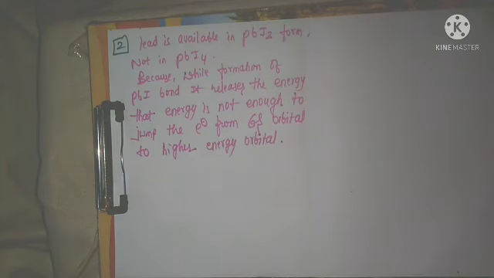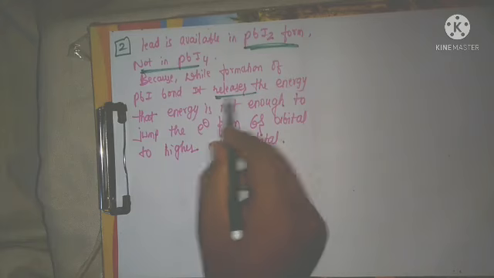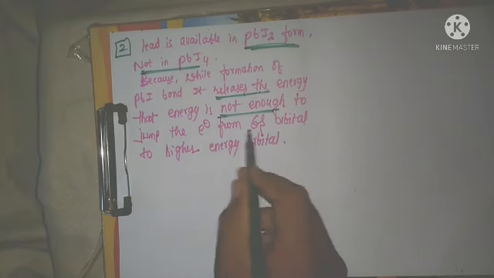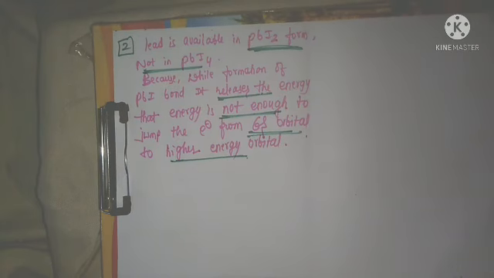Therefore, lead is available in PbI2 form, not in PbI4, because the energy released is not enough for jumping from 6s to the higher energy orbitals. This is the second point.